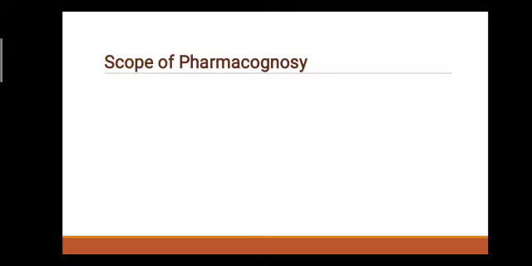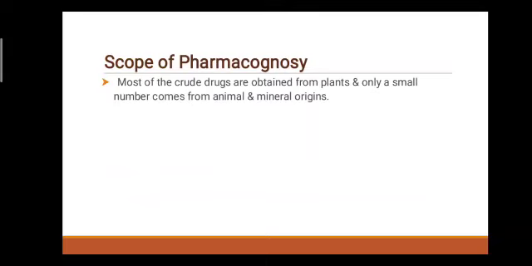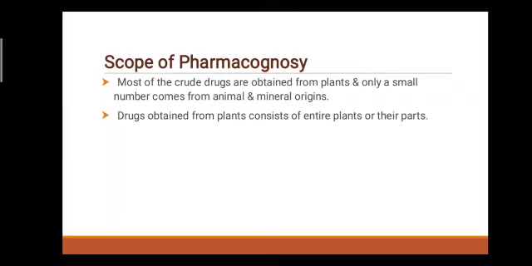Scope of pharmacognosy: most of the crude drugs are obtained from plants and only a small number comes from animal and mineral origin. Drugs obtained from plants consist of entire plants or their parts.